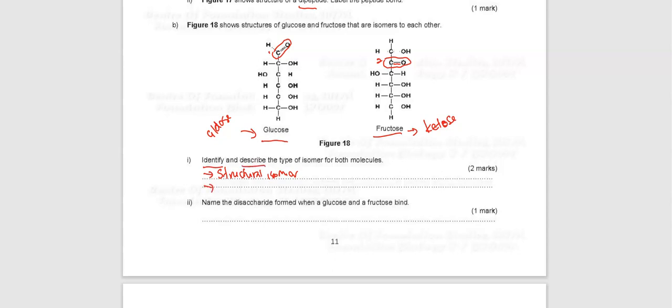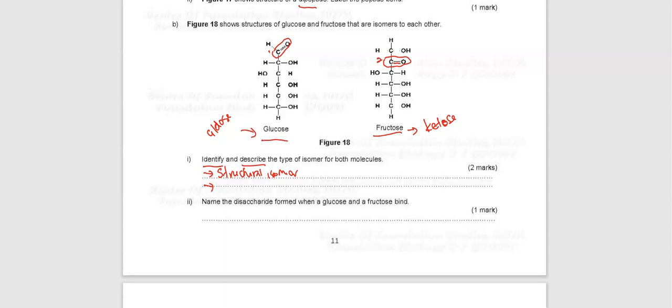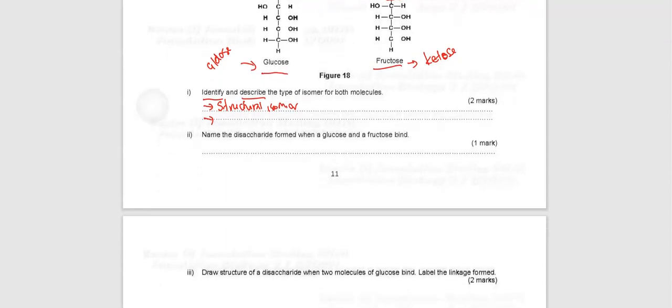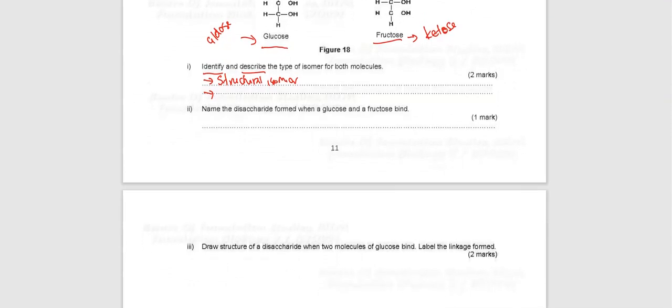The description is that, like I've mentioned, they have an identical molecular formula, but the arrangement of atoms within the molecule is different. Therefore they are considered structural isomers.